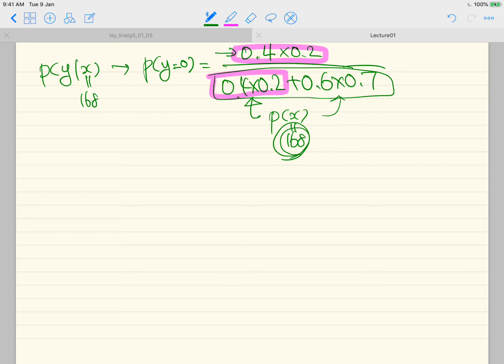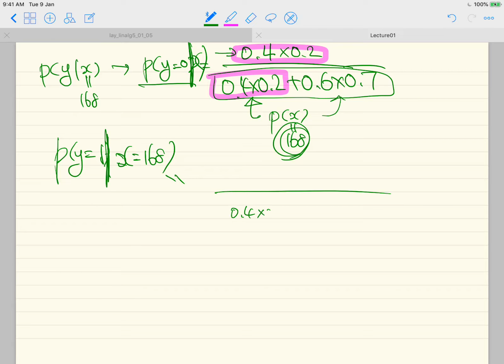In this case, we obtained this, and if we obtain the other possibility of being male, we need this guy, when x is still given as 168.